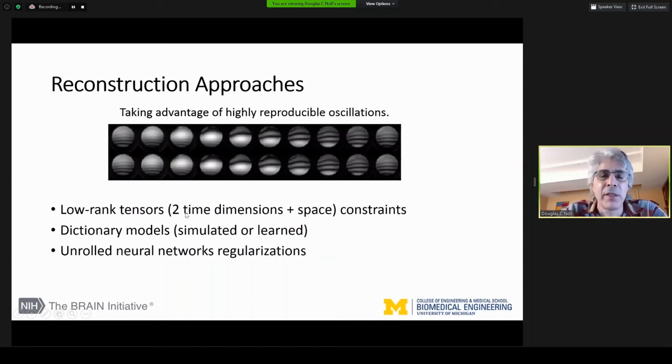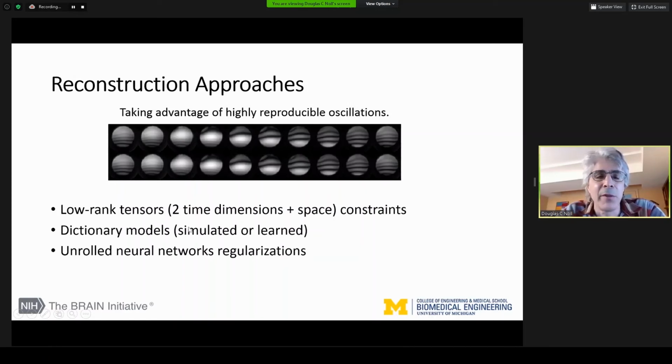This includes 2 time dimensions, both this fast time and the slow time, as well as spatial dimensions. So for example, 3D or 4D, or even 5D if you count all 3 spatial dimensions. And so we have fairly large tensors, and it becomes a low-rank tensor constraint. I'll talk a little bit more about this in a second. We also have dictionary models, so we can model this variation of the signal via dictionaries.